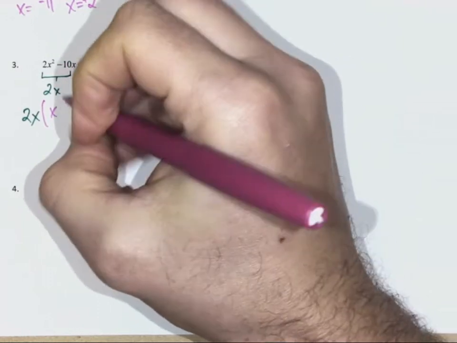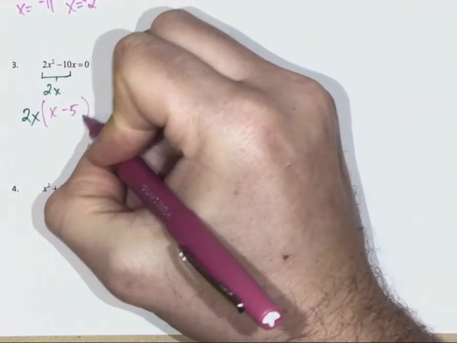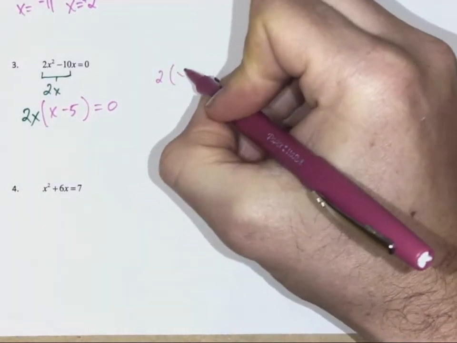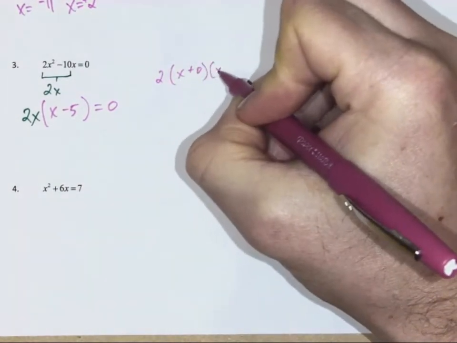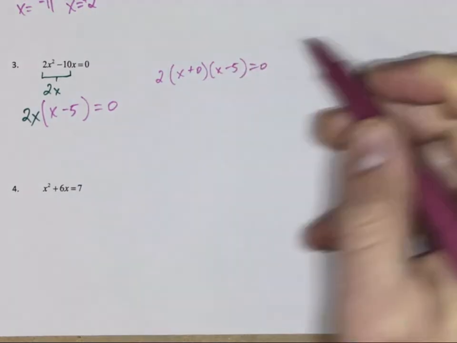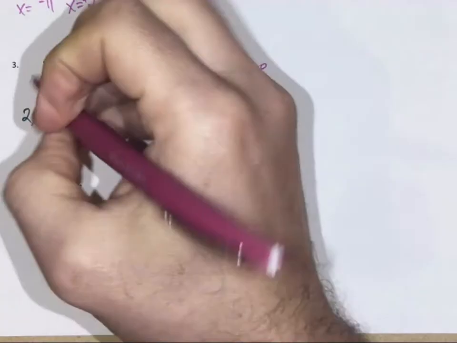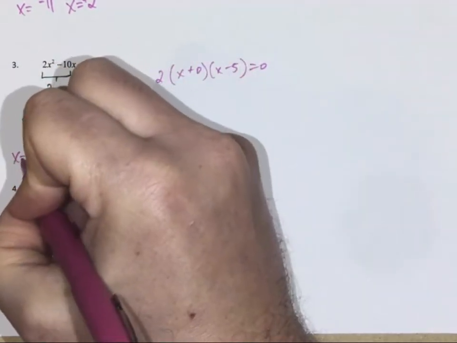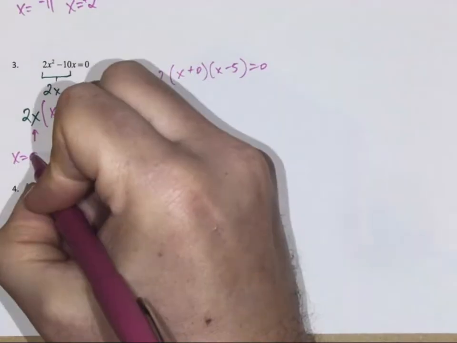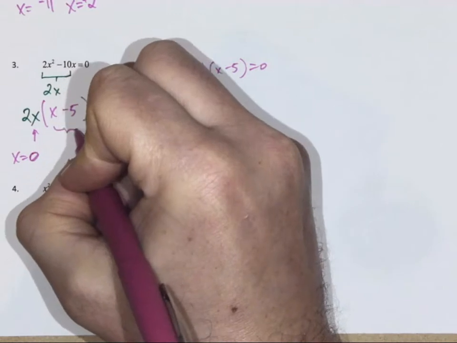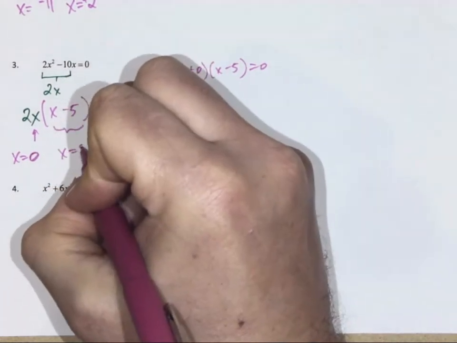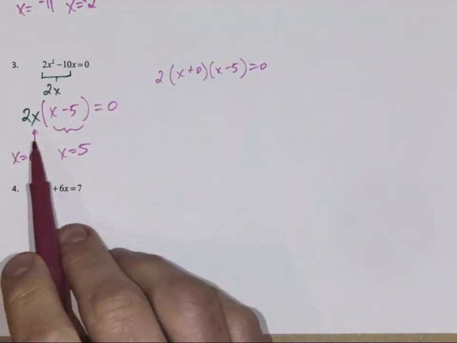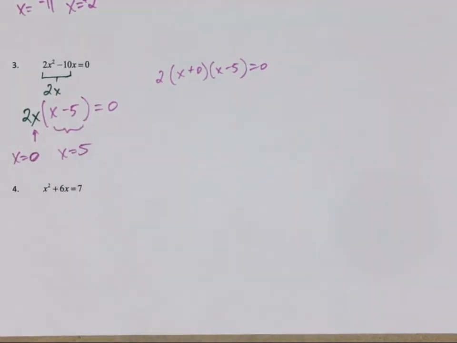Negative 10x divided by 2x is negative 5. That is the same as 2 times x, times (x minus 5). From there, to make that equal to 0, x could be 0. That's one of my x-intercepts. From that bracket, x equals positive 5. 5 minus 5 is 0. And I've got my two x-intercepts, or my two solutions.